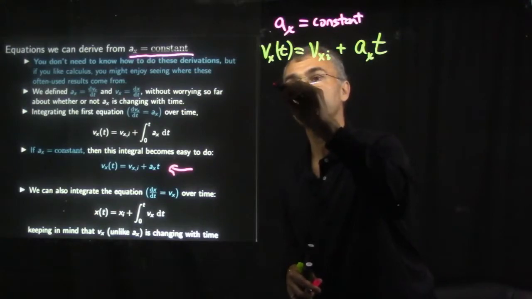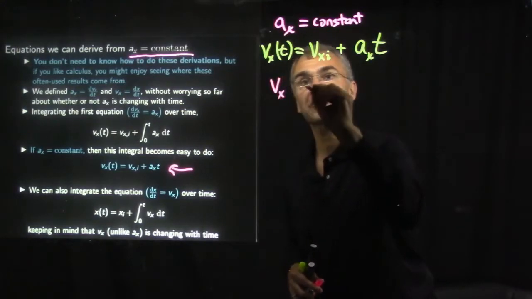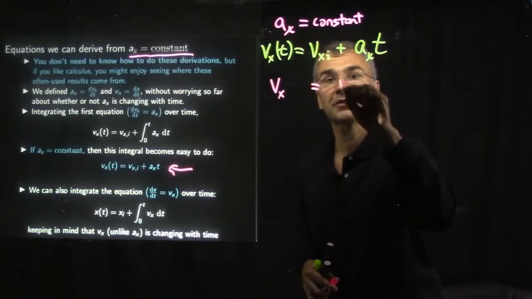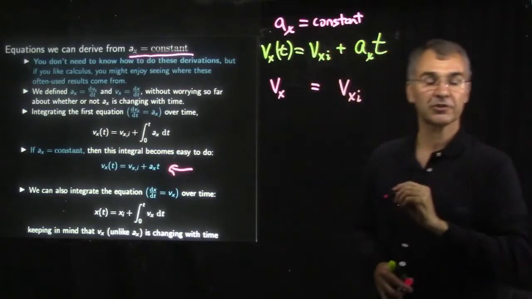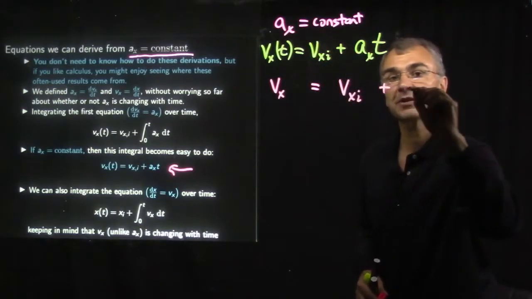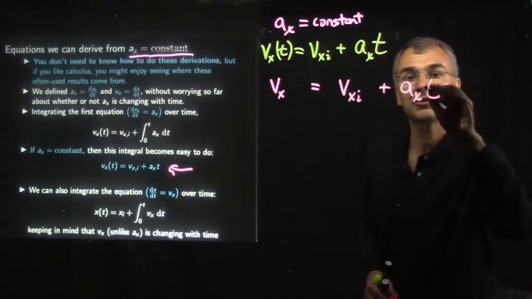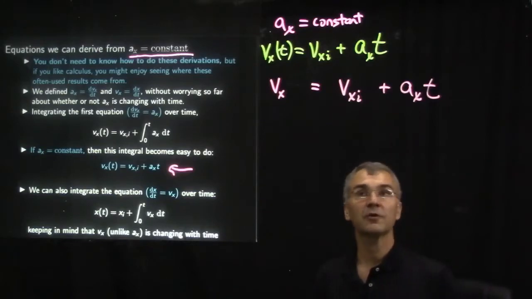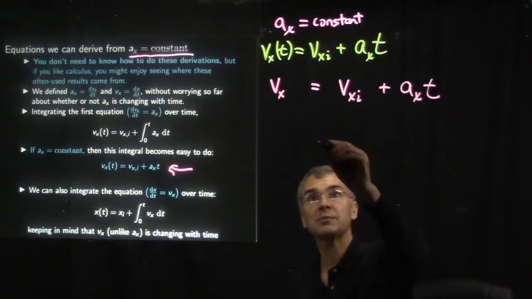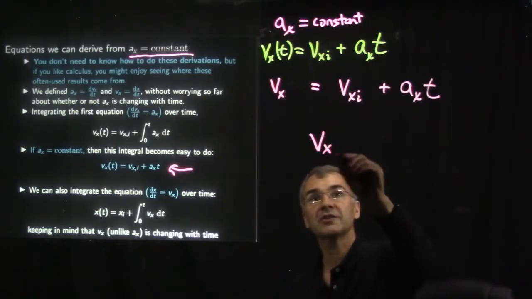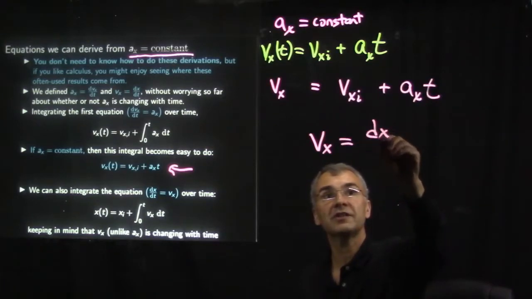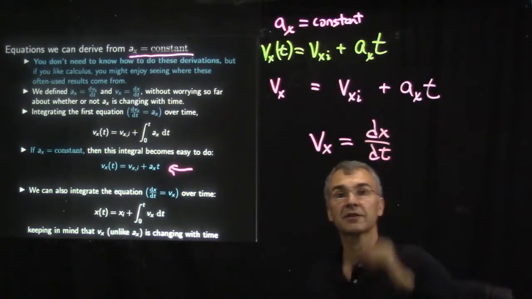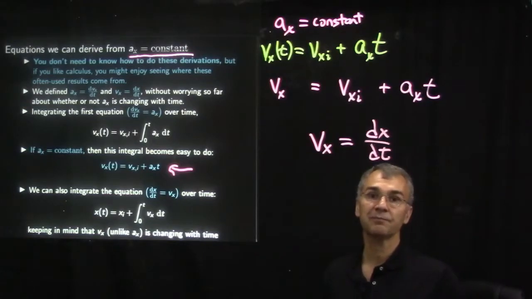So we had v sub x equals v sub x initial, which is just a constant, plus a sub x times t, where a sub x is also a constant. Now, before we go on, let's just remember that the definition of v sub x is dx by dt. That's just a definition.